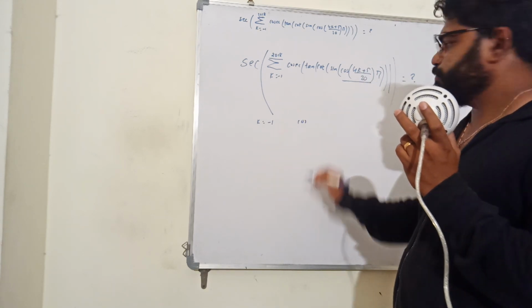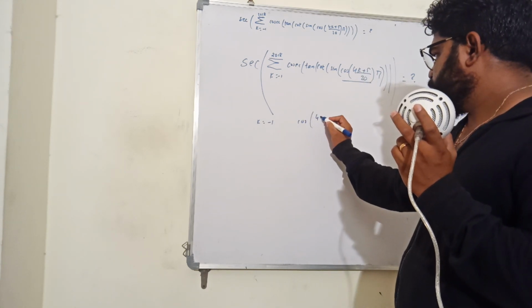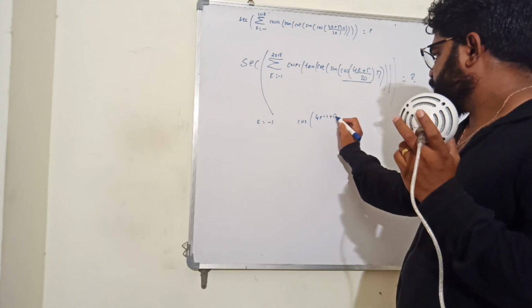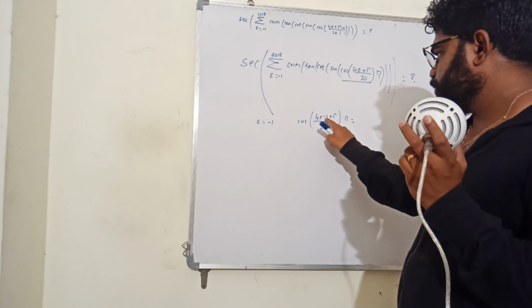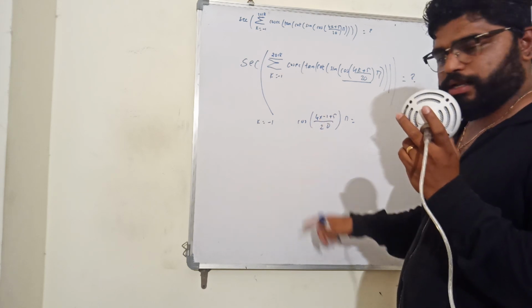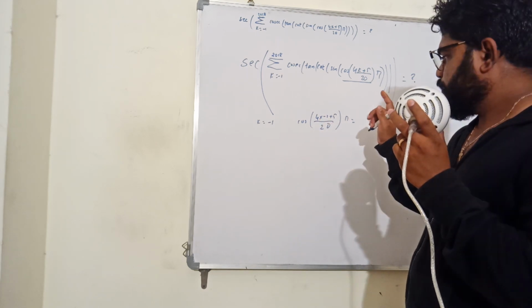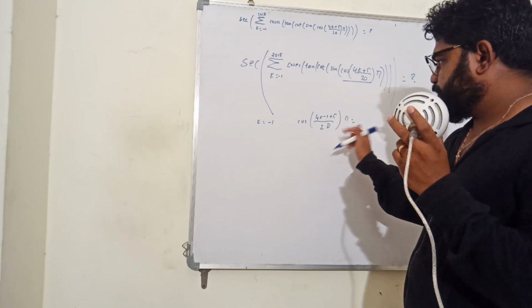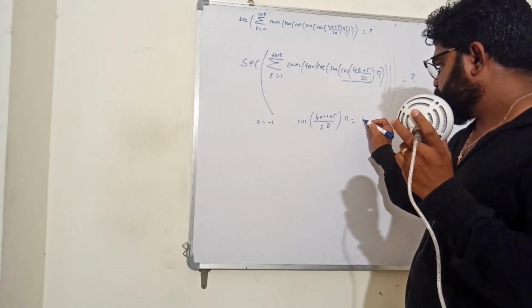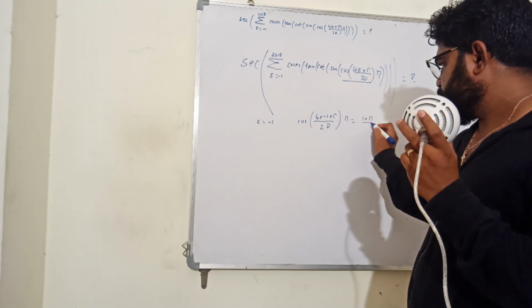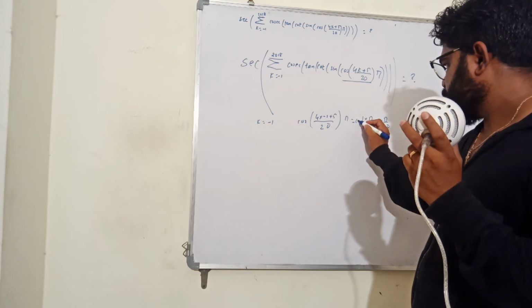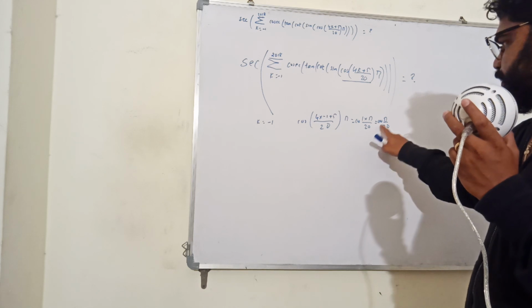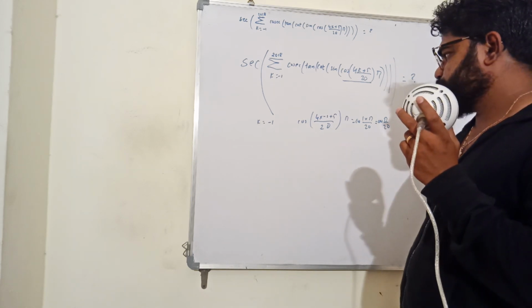So cos of (4 into minus 1 plus 5) divided by 20, into pi. 4 into minus 1 is minus 4, and minus 4 plus 5 is 1, into pi divided by 20, which is equal to pi by 20. So it is cos pi by 20.